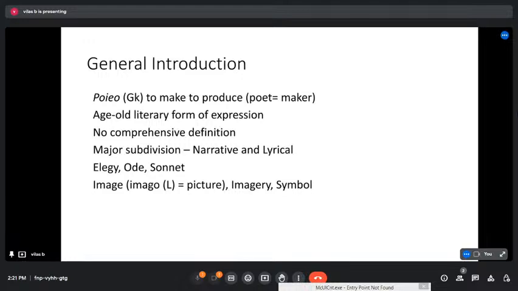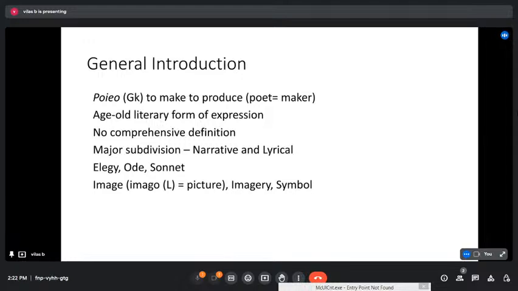he tries to explain how the new poems challenge the neoclassical tradition, how the role of the poet should be, and the function of poetry. He talks about diction later on, the language of poetry, rustic language, and all this. So it is an overflow of powerful feelings recollected in tranquility, as Wordsworth defines.